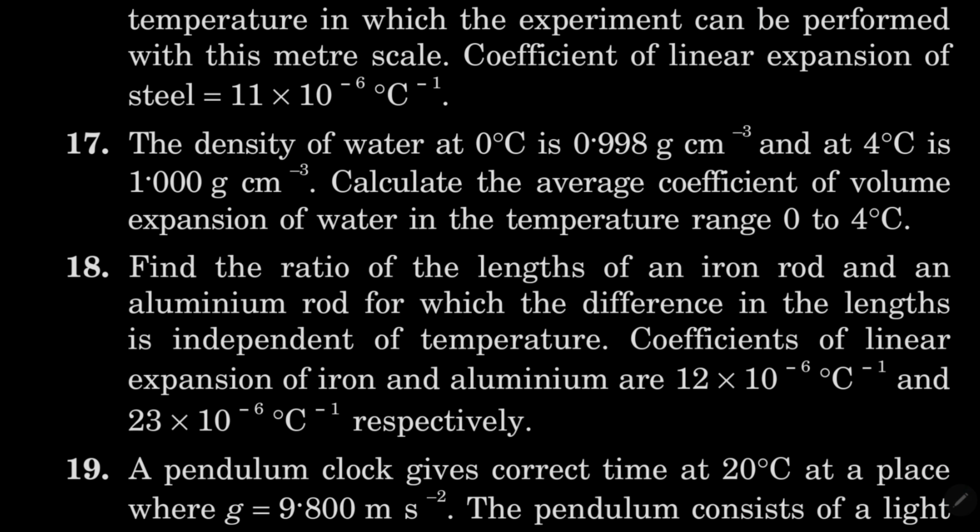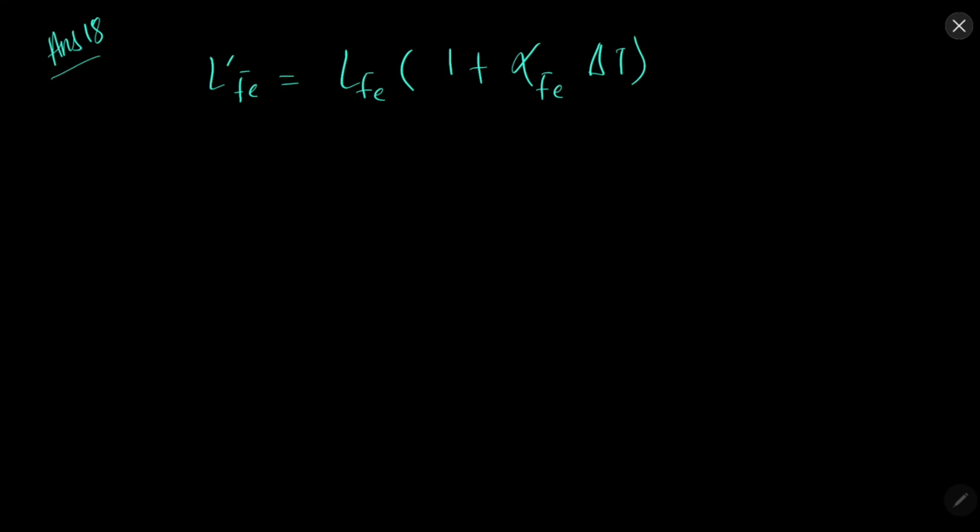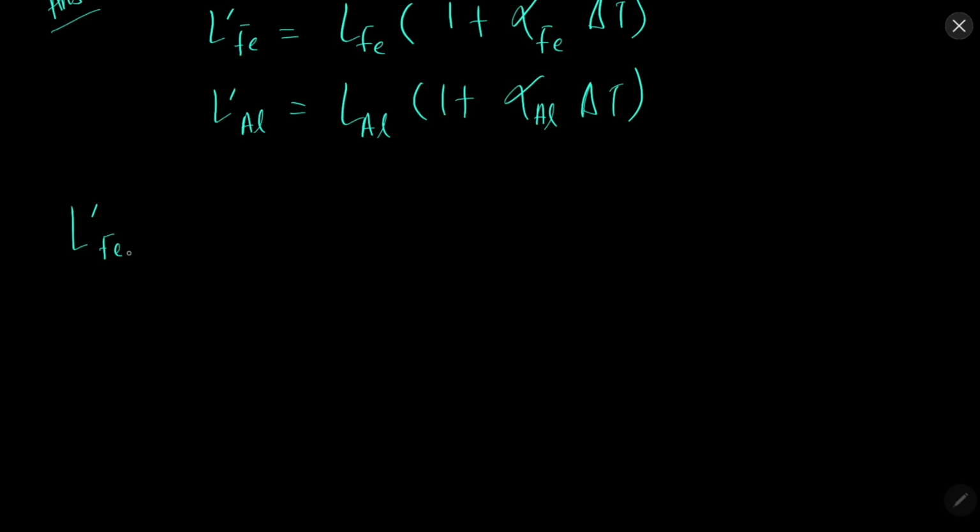In 18, we need to find ratio of length of iron rod to aluminum rod. Solution 18. So L dash for iron 1 plus alpha Fe del T, and for aluminum 1 plus alpha Al del T. So let's subtract these two equations, we will get this thing.